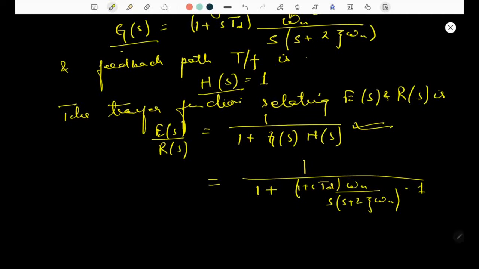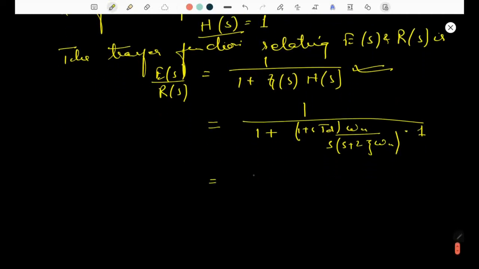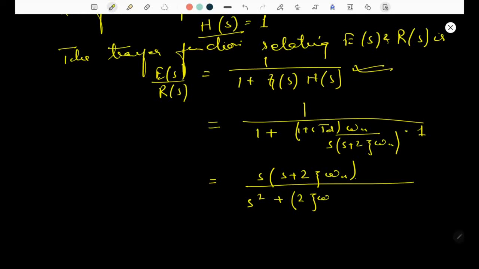Just simplifying this equation, we will get s into (s plus 2 zeta omega n) divided by s square plus (2 zeta omega n plus omega n square TD) into s plus omega n square. This is simply the transfer function E(s) upon R(s).